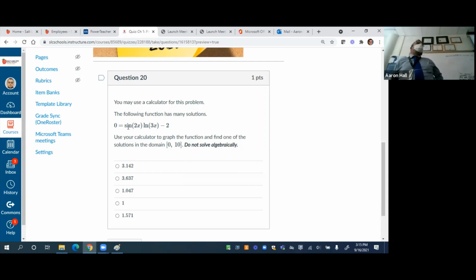For the TI-84, you're going to have to use second trace and select 0. And then it'll ask you to be on the left side and the right side. I think I'll probably have to explain this part again.